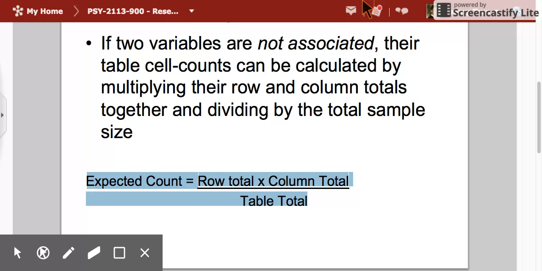And this is expected values given no association. So the closest one is 130, and it's asking between student smoking status and parent smoking status. So that's student smoke and parents smoke. So no association, 130.5.